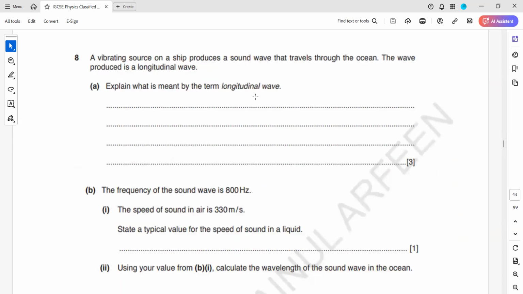Next: a vibrating source on a ship produces a sound wave that travels through the ocean. The wave produced is a longitudinal wave. What is meant by a longitudinal wave? It's 3 marks.